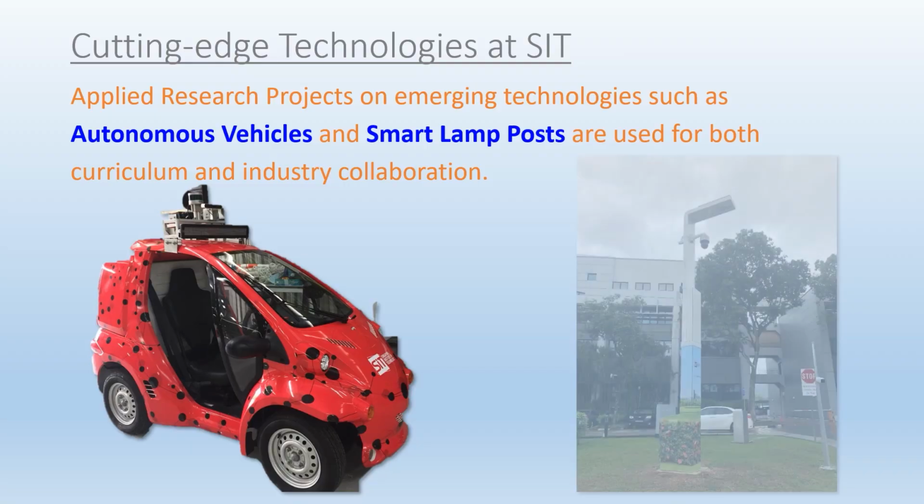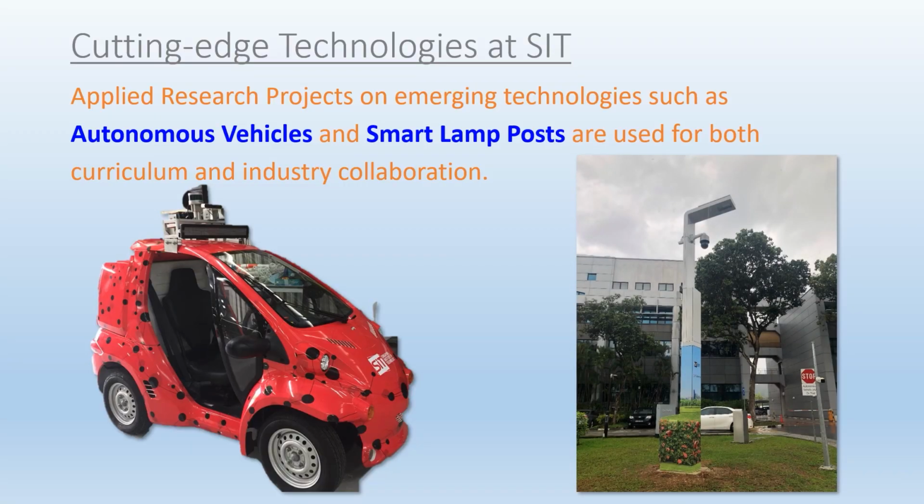And another example are the smart lampposts, which we have installed recently at the Dover campus of SIT, which serve to demonstrate the communication abilities between cars and the infrastructure.